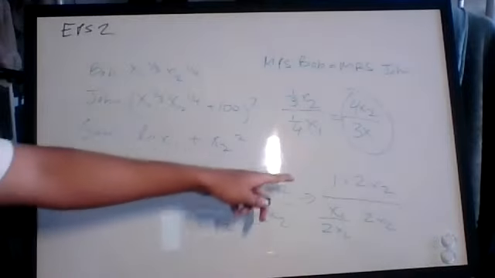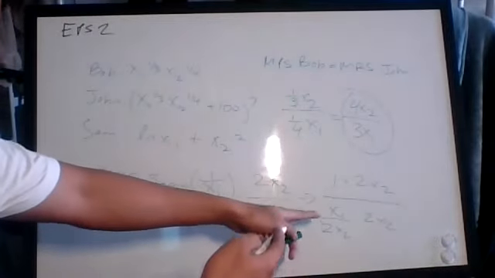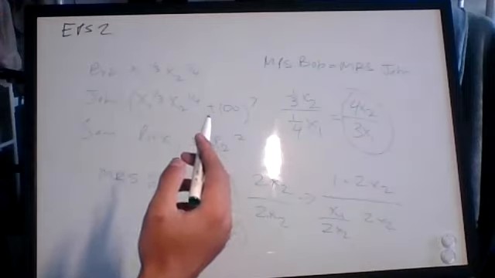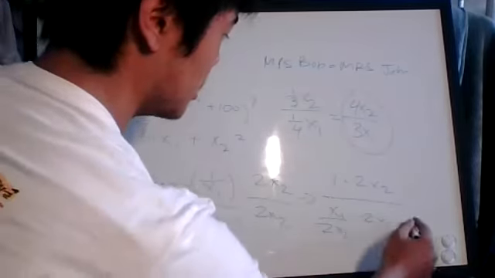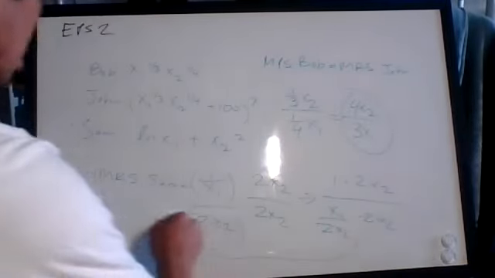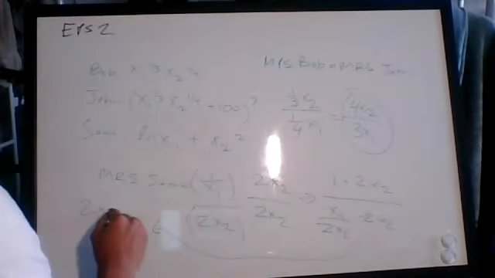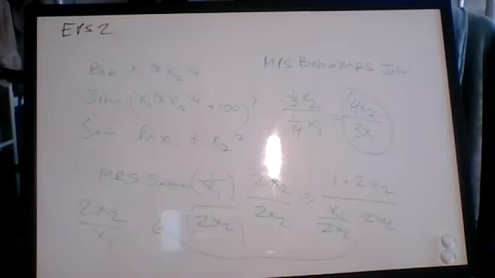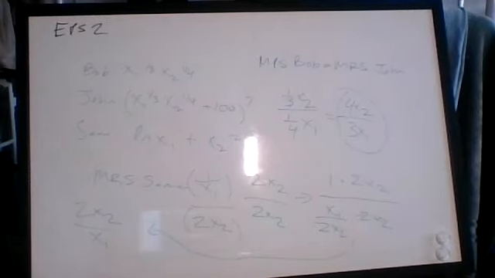The ordering is still the same, but it makes it easier to visualize why we're able to do what we just did. So now this is going to cancel with this, and we're going to be left with 2x2 over x1. Do you guys see that?